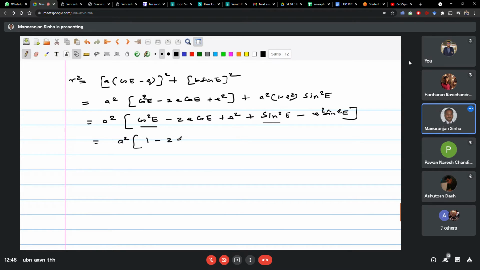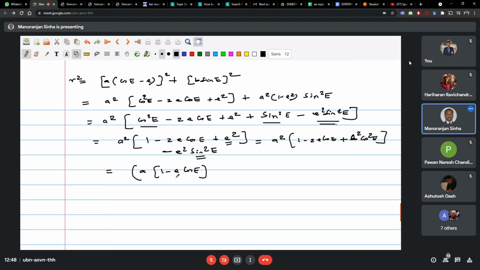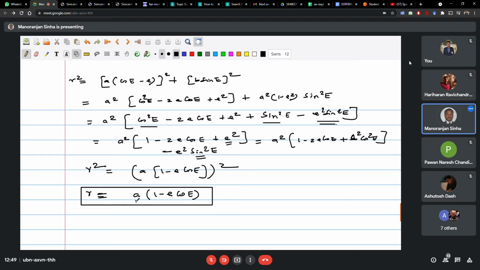So this is 1 minus 2e cos E plus e squared, and then minus e squared sin squared E. These two can be combined together and written as 1 minus 2e cos E plus e squared cos squared E. As r is always a positive quantity, we can choose the positive root. So r is described in terms of the semi-major axis, eccentricity, and the eccentric anomaly. This will be quite useful while working later.